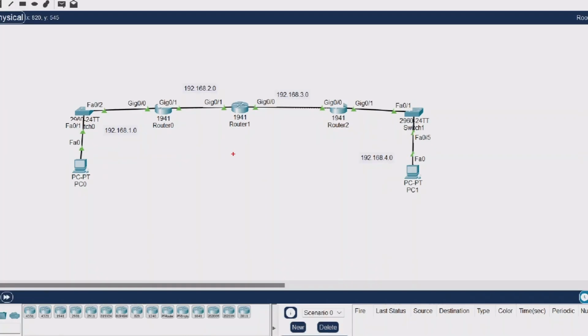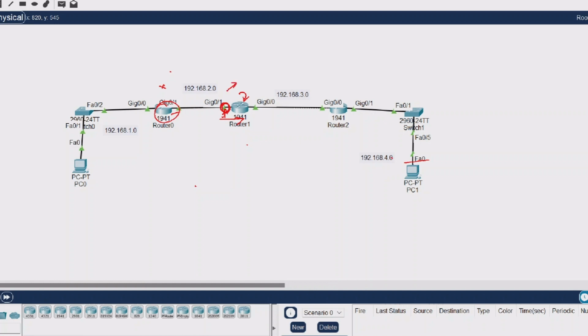For example, if you want to send the packet from the router to PC1, we don't need to remember the entire database. The only thing is that if you are able to send the packet to this router, the rest of the things will be taken care of by this router. Now see where the packet will leave to, what the next hop ID is, this interface we call the next hop ID.